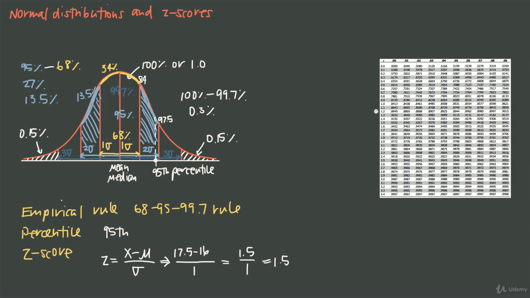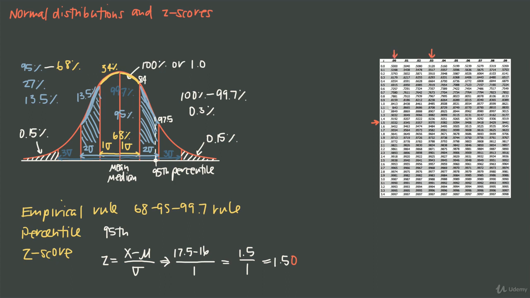In our case, we just have 1.50. We don't have a decimal place in the hundredths, so it's just a 0. If we had, for example, 1.53, we would come across to the 0.03, and we'd come to the intersection. But in our case, we have 1.50, so we're looking in this first column here.